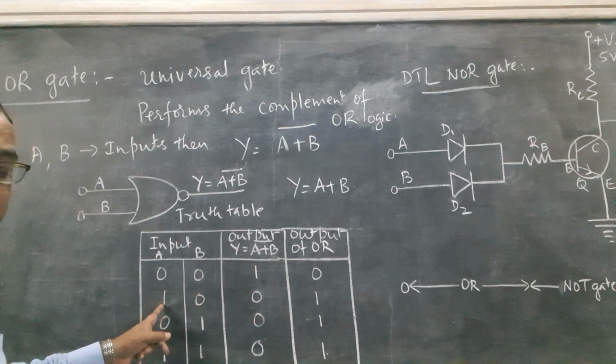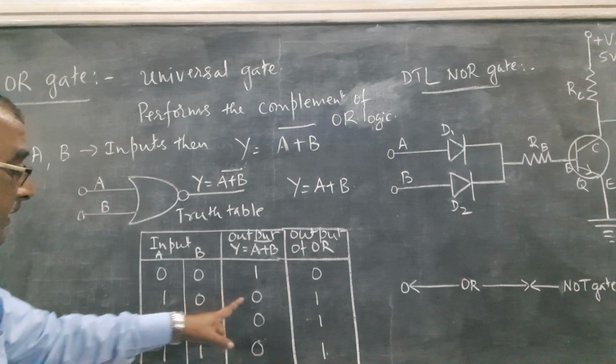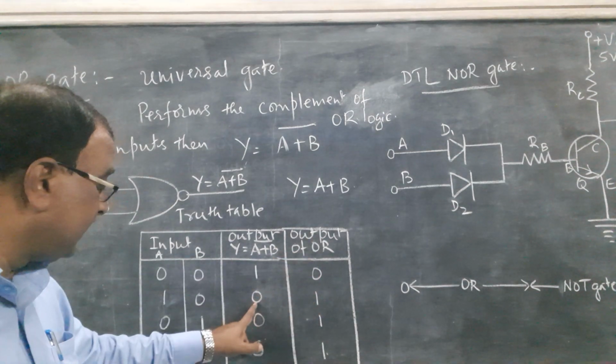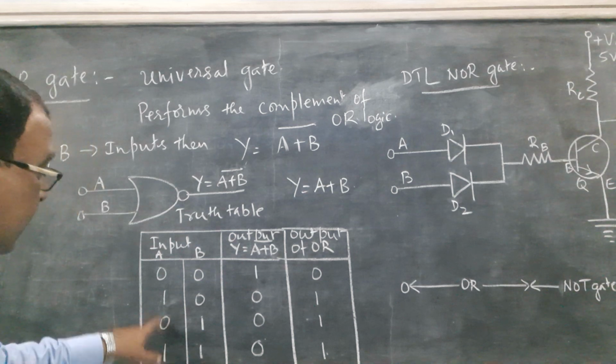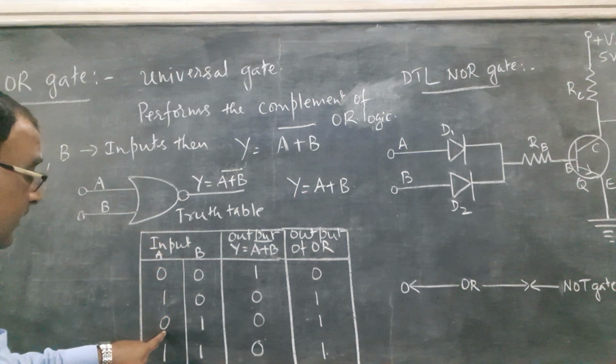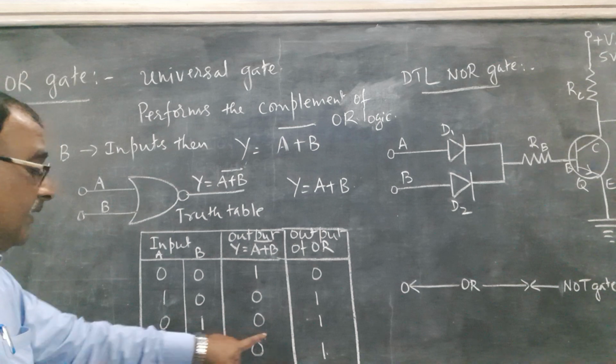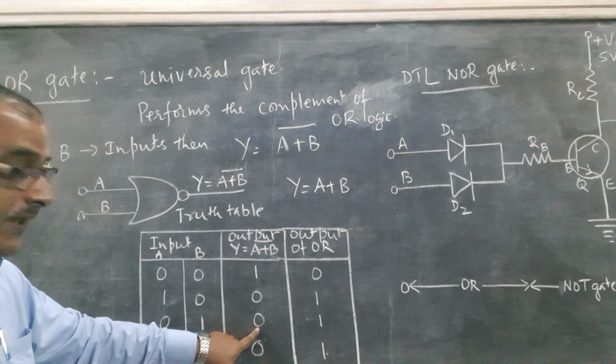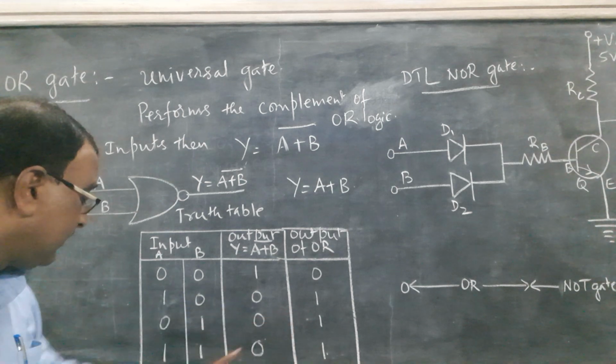Similarly, when a is 1 and b is 0, the output of OR gate is 1, its complement is 0. When the inputs are 0 and 1, the OR output is 1 again, and the output of the NOR gate is 0, the complement of 1.